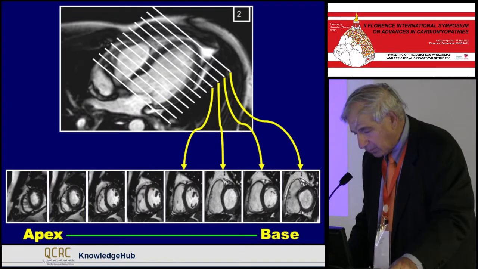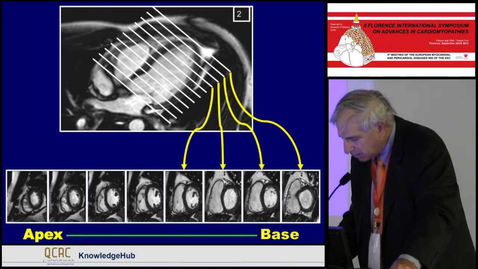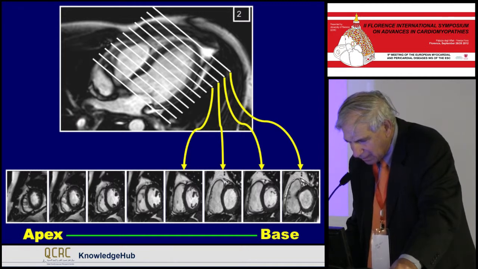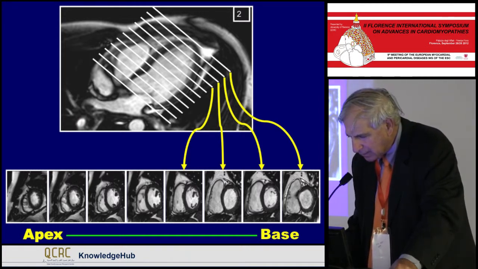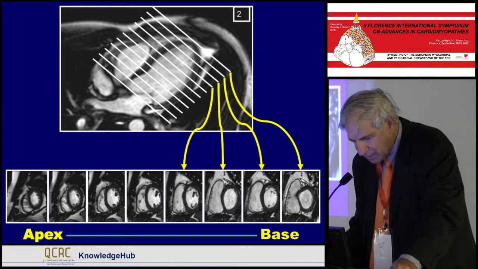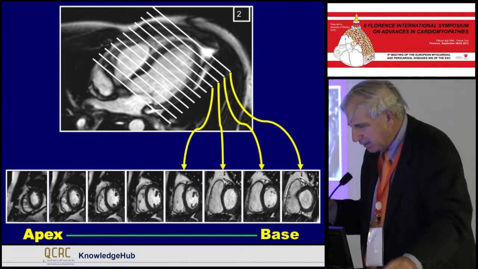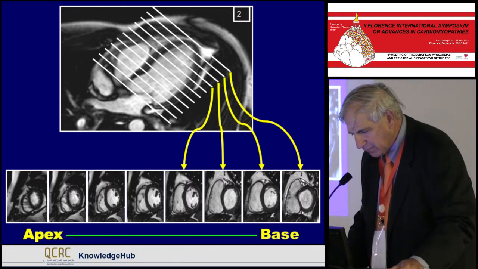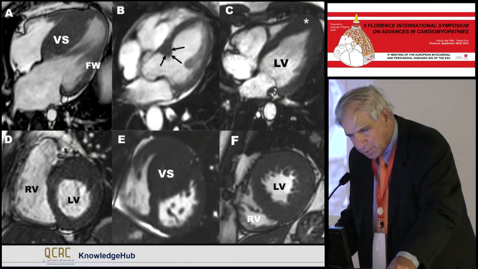The advantages for MRI: tomographic high resolution, allowing cuts through the entire ventricle, not missing anything, and the ability to put that all back together again is really the basis for the observations that I'm going to show you.